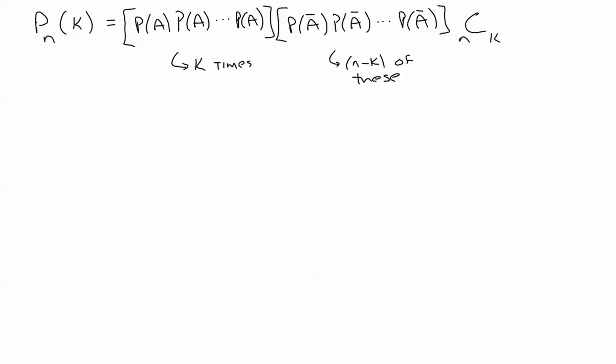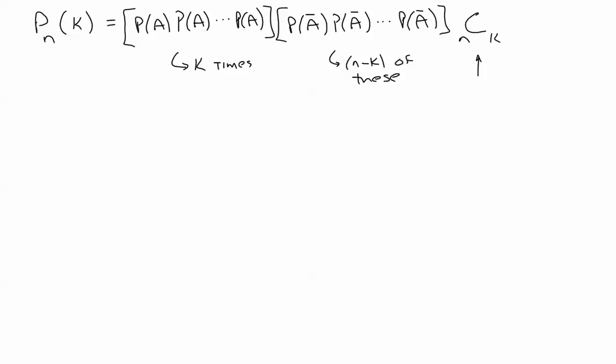At this point I'm more or less tacitly assuming that event A occurs the first K times, and that event A not, or A does not occur, the last N minus K times. But that's equally probable to all other sequences of N trials for which A occurs K times. Multiply that times the number of combinations, and I get the overall probability.